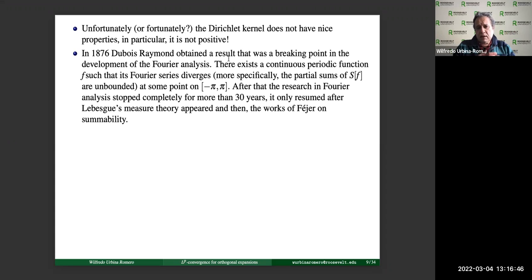And that was an earthquake. So for over 30 years there was not much advance in Fourier series. You have to wait until the development of Lebesgue measure and then the work of Fejér on summability.